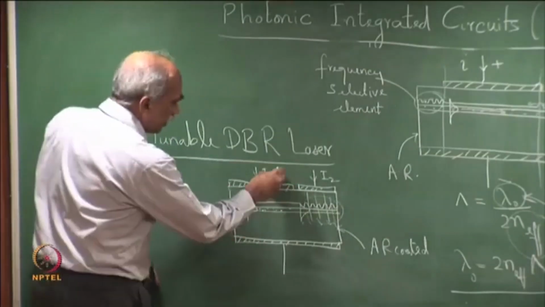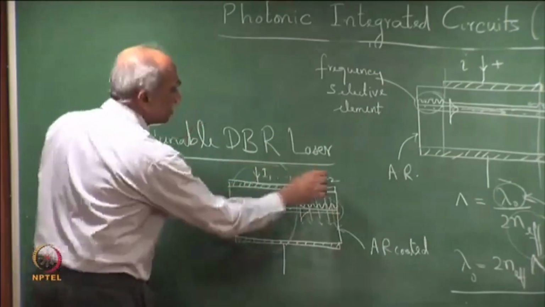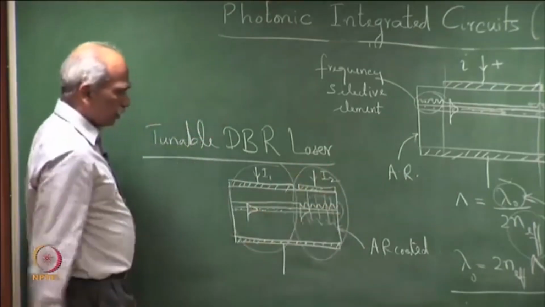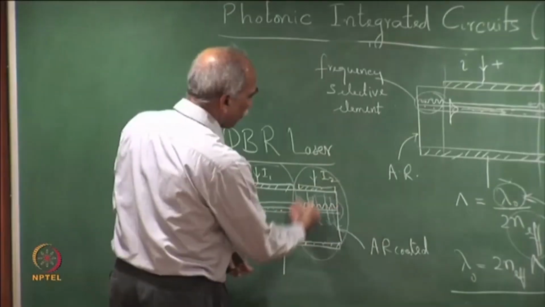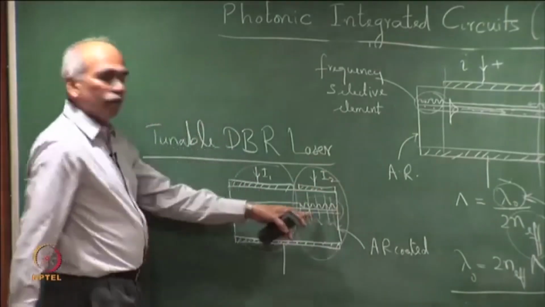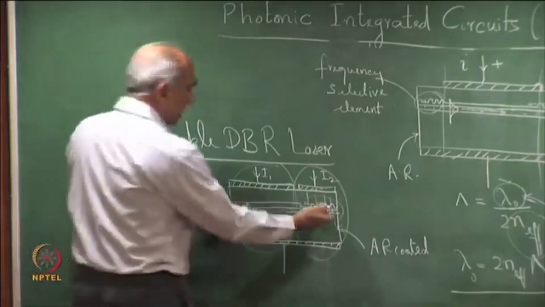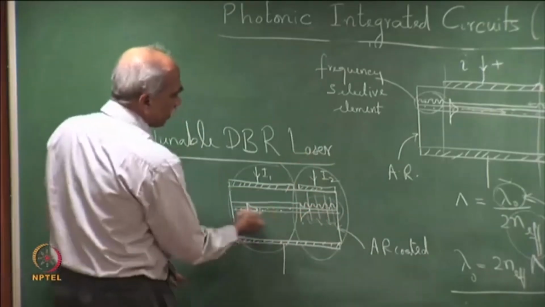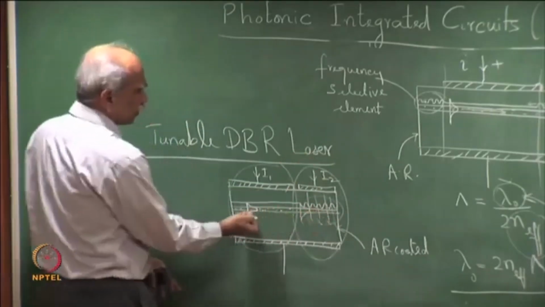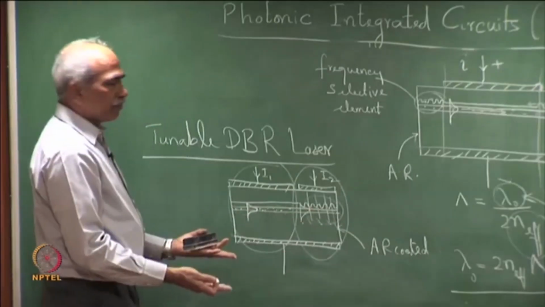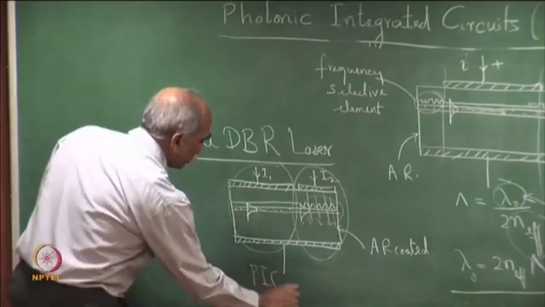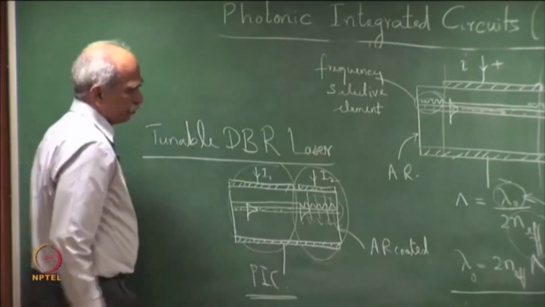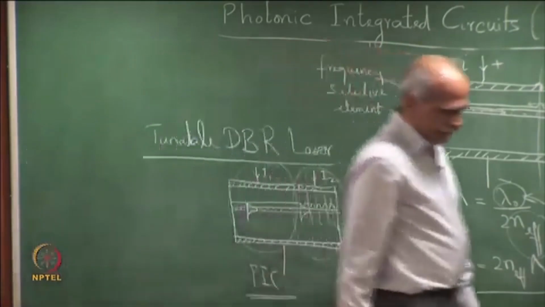Please see that this has two segments, two functional elements. One is the gain region and the second region is a frequency selective element. Both are active regions. So this is, for example, the simplest PIC, a two element PIC, photonic integrated circuit.